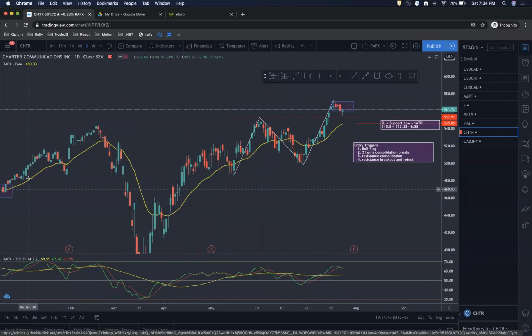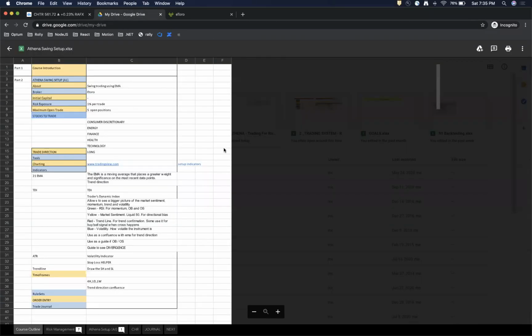The yellow is again our exponential moving average, and here this is the TDI indicator, the Traders Dynamic Index. It allows you to see the bigger picture of the market sentiment, the momentum, the trend, and the volatility.